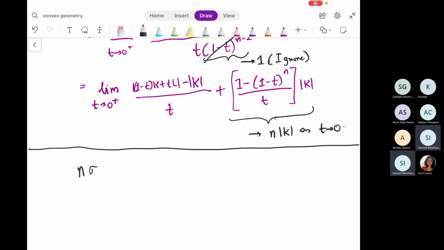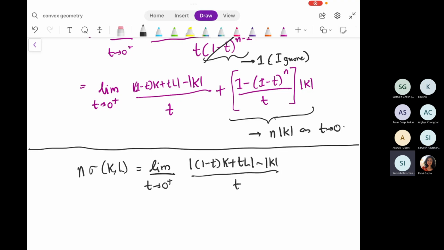It looks as n sigma of k comma l is equal to the limit inferior as t tends to 0 plus of the area of 1 minus tk plus tl minus the area of k by t, plus n times the area of k. So this formula is nice. This is a different way of writing this kind of volume.